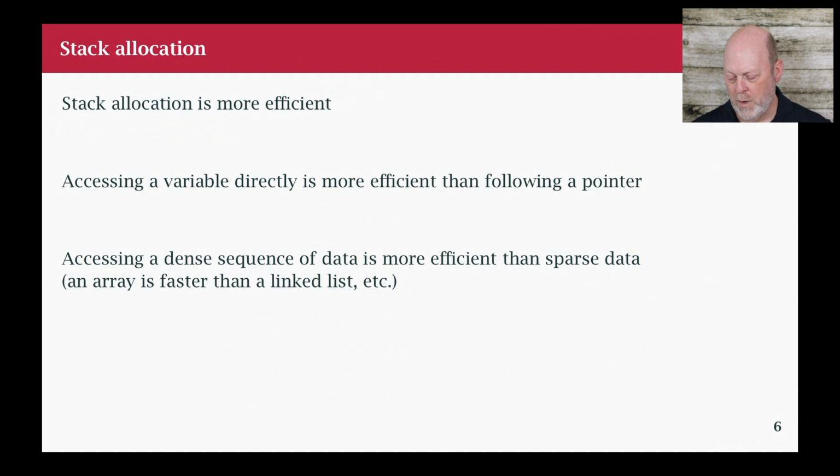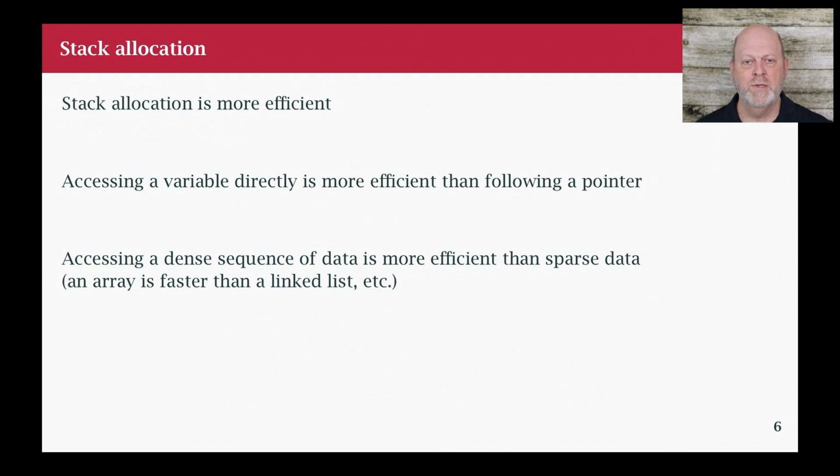All right? It's generally also better to have dense data. All right? It's better to have a bunch of data in a slice than a bunch of data spread around in memory. So, and if you go back to older languages, they always typically allocated on the stack unless you used a special function like new. All right? And then you get to interpreted languages, which almost always put things on the heap at great expense.